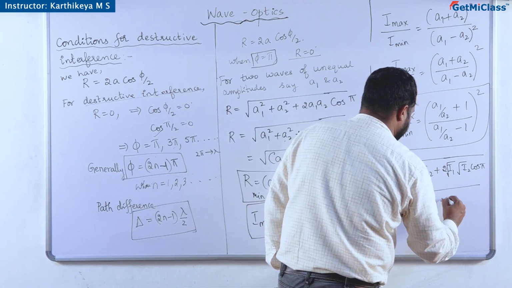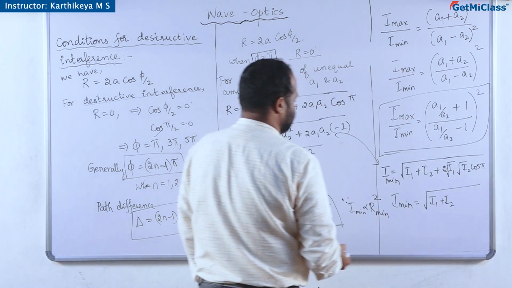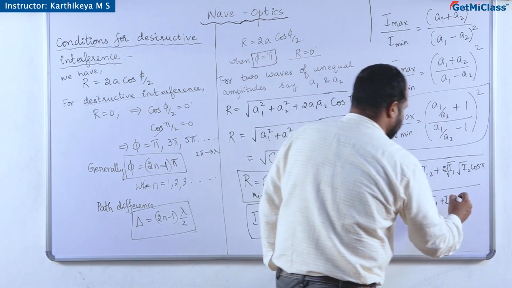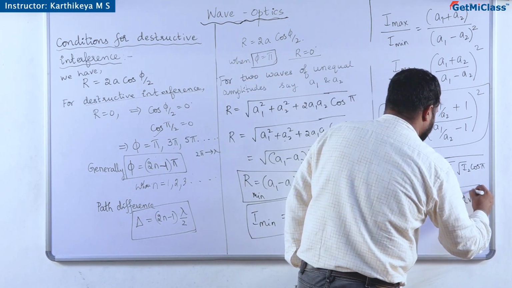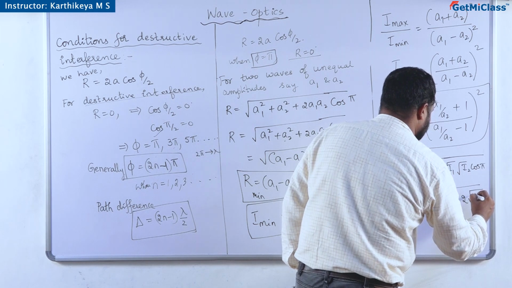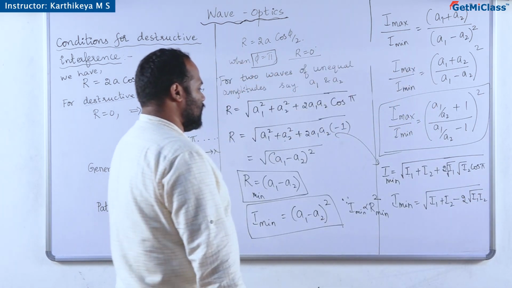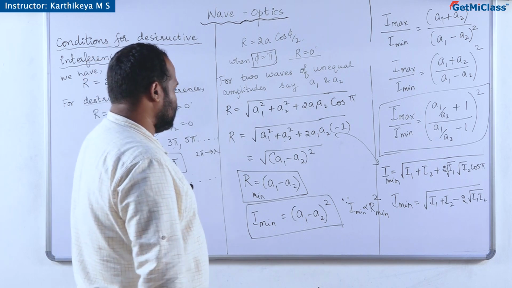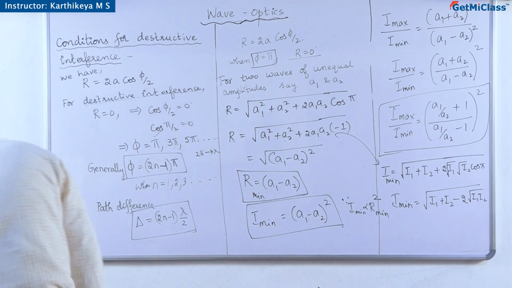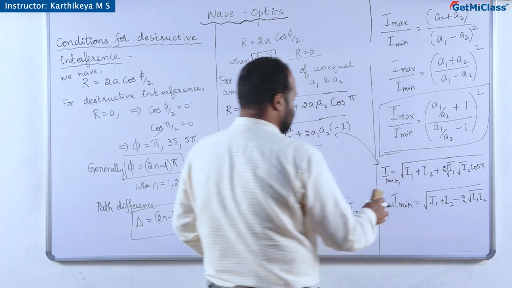So I minimum is I1 plus I2 minus 2 root I1 I2. Rather, one minute. Now this is intensity.